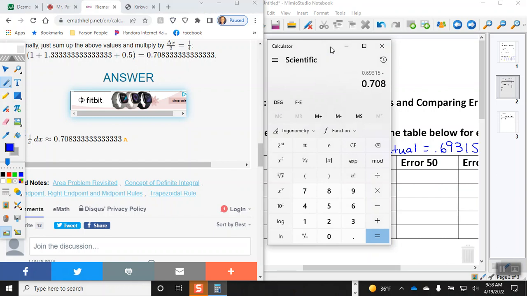Yeah. Okay, there's that for the trapezoid. Good with that? Yep.